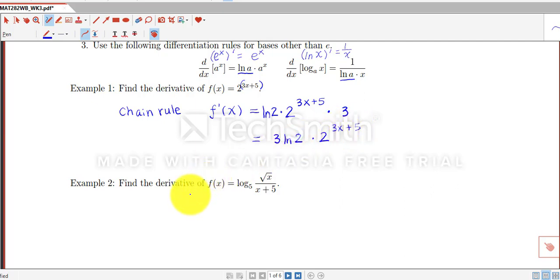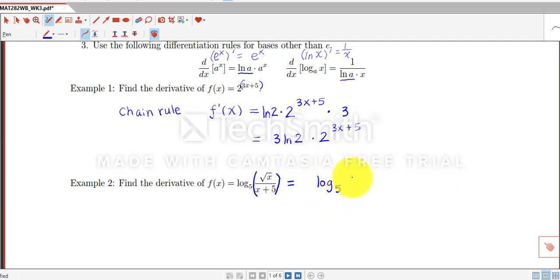Now on the other hand, when we find the derivative of the function in example number 2, we notice we can also apply the chain rule. However, in this case, we're dealing with a quotient, and we would love to avoid quotients. So we will have to use the properties of logs. Log of a quotient equals difference of logs.